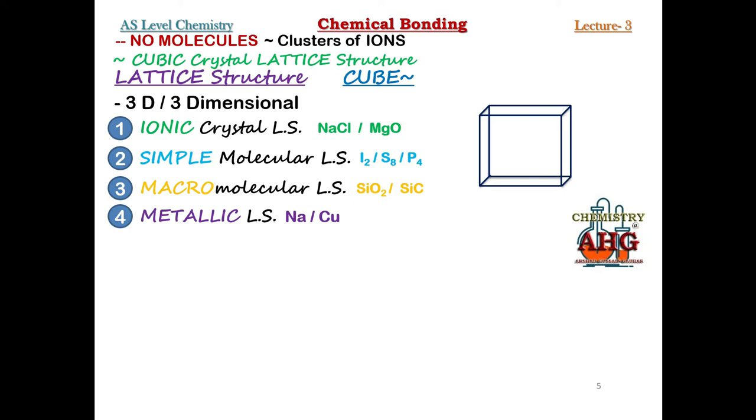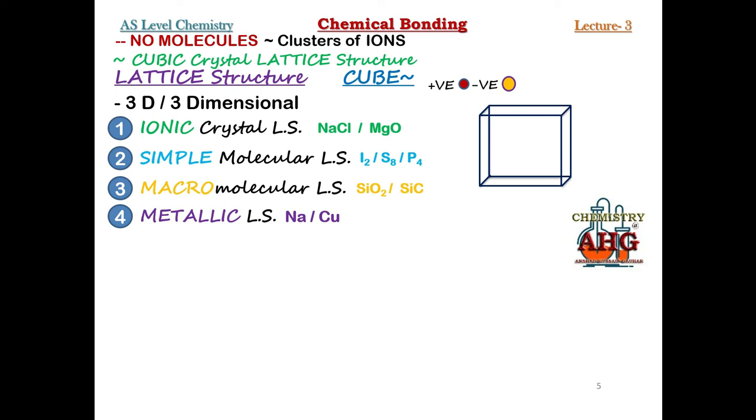Now since we are going to sketch crystal lattice structure of an ionic compound, and you know very well ionic compounds are a combination of positive and negative ions. Let's suppose we represent positive and negative ions with different colors. Positive ion, you can see we have shown with one type of color, and negative with the other type of color.